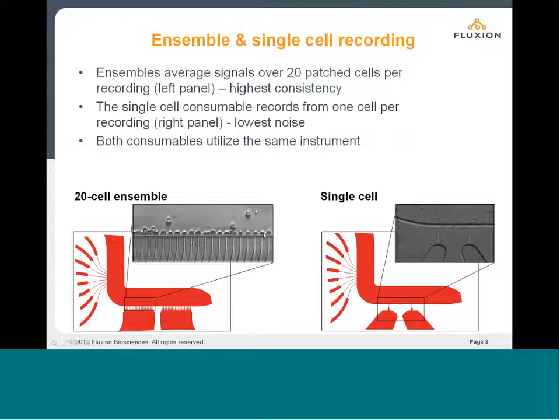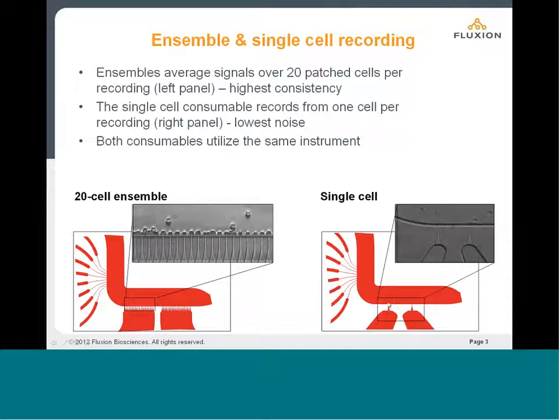In the ensemble, we are making a single measurement across an ensemble of 20 cells, shown here, with each cell being at the end of one of these conical shaped structures, essentially equivalent to the pipette, with the reference electrode out in the bath, and the recording electrode internally within what we refer to as a trap, which is the equivalent of the patch pipette. In the single cell configuration, it looks much more like a standard patch pipette, where we come down and have a single cell that's being measured.